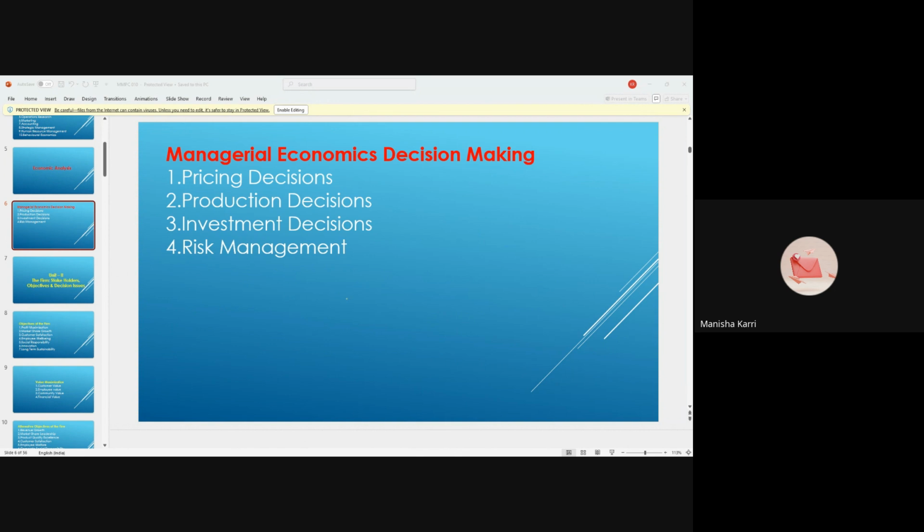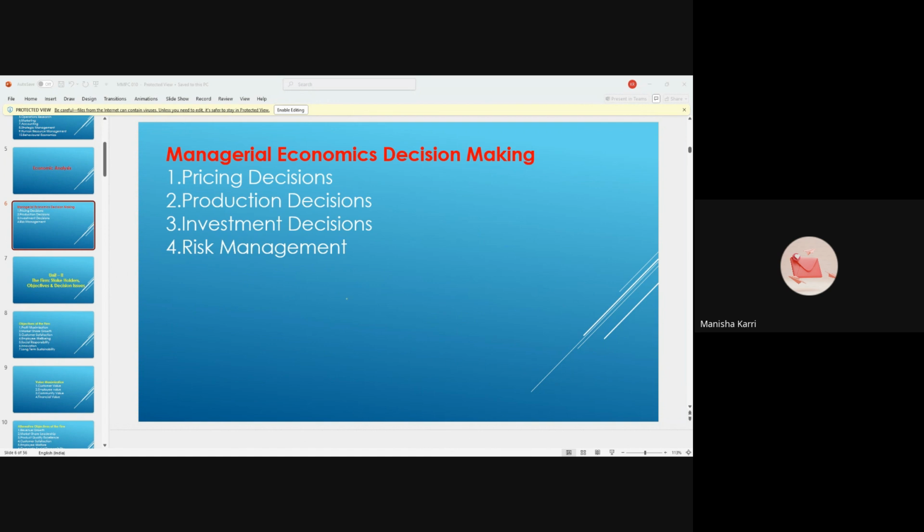And next one is risk management. Here, a business might use scenario analysis and sensitivity analysis to prepare for various economic conditions and mitigate potential risks, which is nothing but risk management.